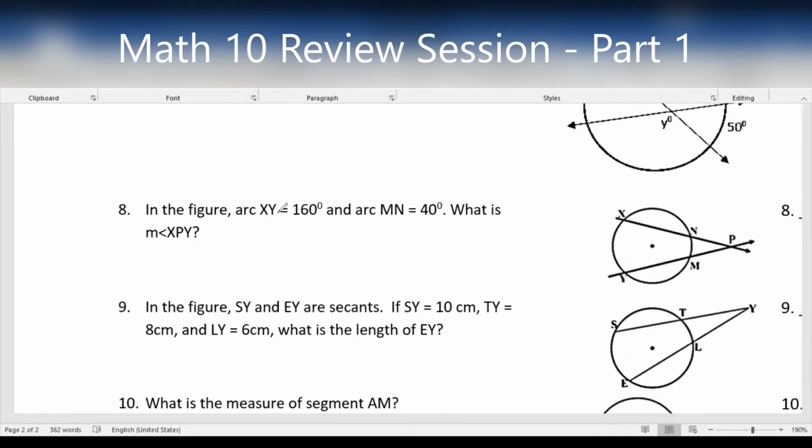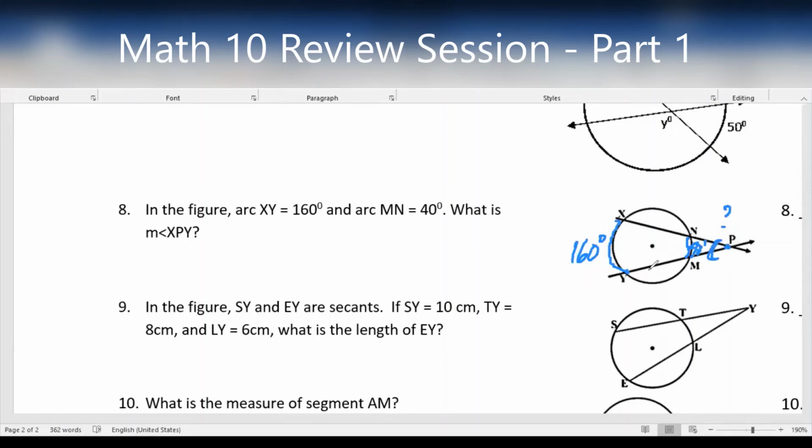So, in the figure, arc XY is 160 degrees. This is the arc XY, which is 160 degrees. And arc MN, the smaller arc, is 40. So our goal is to look for angle XPY. So this angle ang missing. So applying the theorem, the two lines intersected outside.